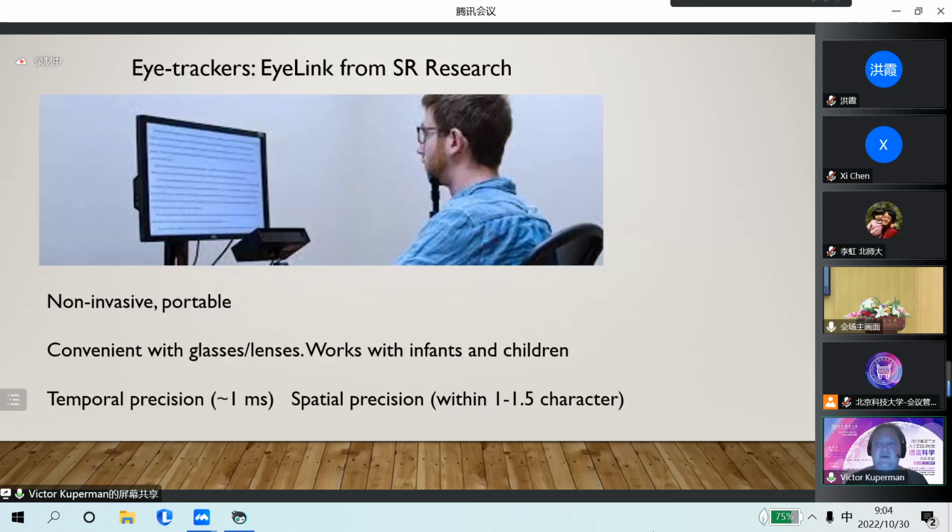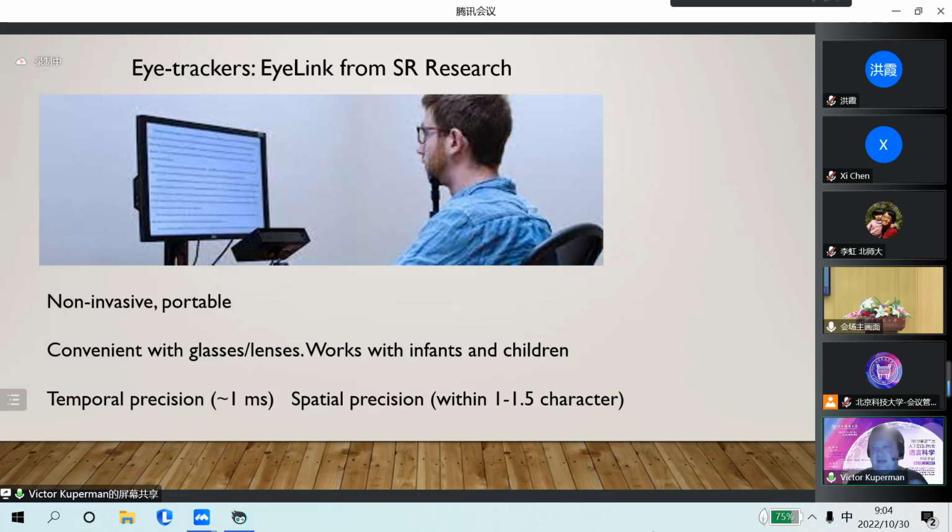So I want to make another demonstration or two of just what eye tracking is. This is assuming that not everyone in the audience is knowledgeable about eye tracking. What we see here is a picture of a person who looks at the screen. The screen has the text on it, and the actual eye tracking part is this little box sitting behind the screen.